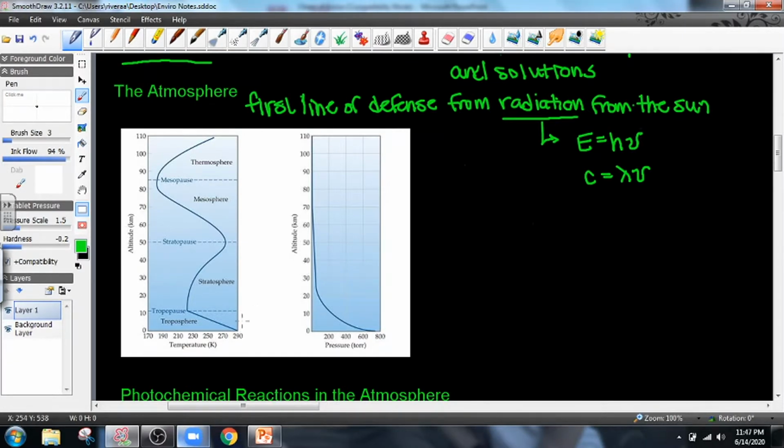As you can see here from this diagram, with temperature on our x-axis from low to high, and altitude, again, from low to high on the y-axis, we can see our atmosphere separated into 4 distinct spheres.